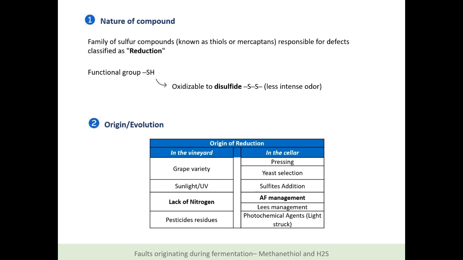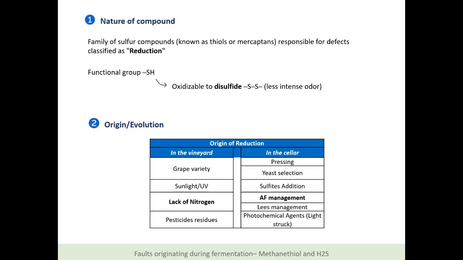If during alcoholic fermentation there's not enough nitrogen, the yeast goes into stress and starts producing mercaptans, so sulfur compounds. Pesticide residues with sulfur in the molecule.